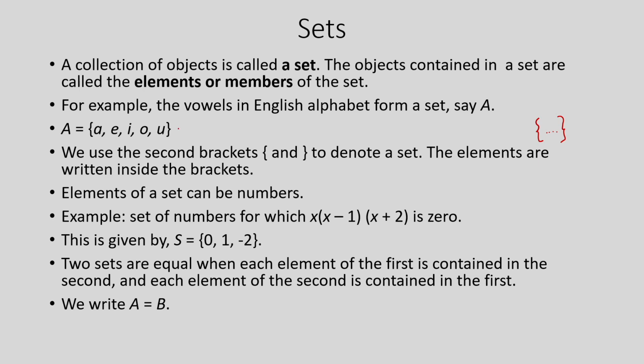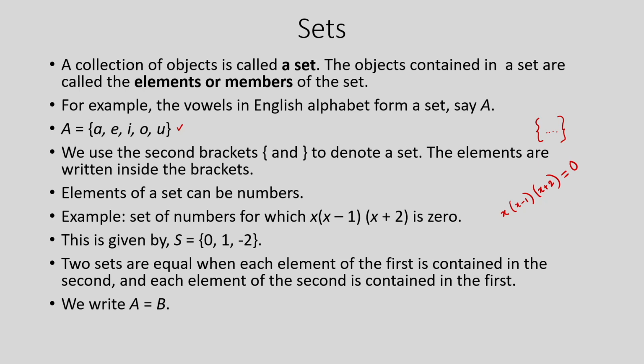Now in this example, the elements of the set are just the alphabets, which are vowels, but the elements could be numbers as well. For example, the set of numbers for which x multiplied by x minus 1 multiplied by x plus 2 is equal to 0. So the elements of the set that we are talking about must satisfy this equation. We have talked about what are known as variables in our previous module.